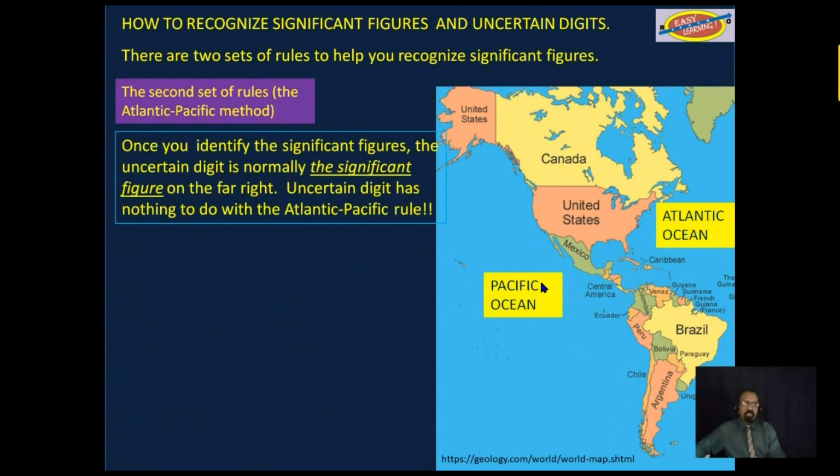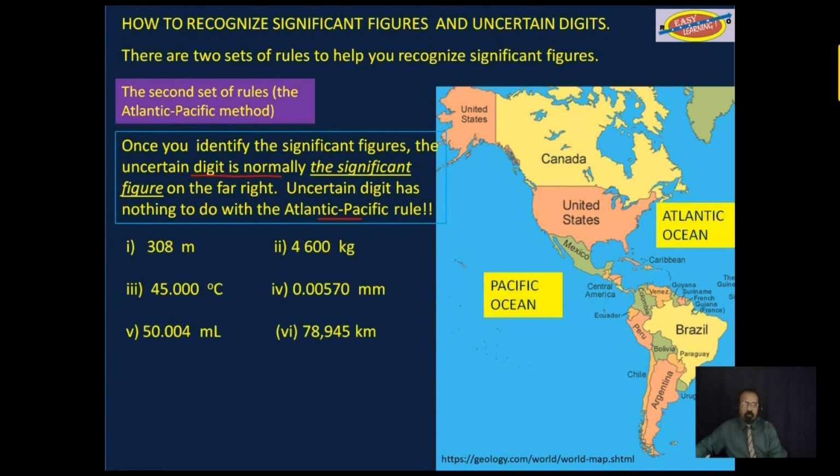Once you identify the significant figures, remember the uncertain digit is normally the significant figure on the far right. Uncertain digit has nothing to do with Atlantic-Pacific rule. We need to identify the significant figures first. Once we identify the significant figures, we will then, out of the significant figures, choose the one on the far right as the uncertain digit.